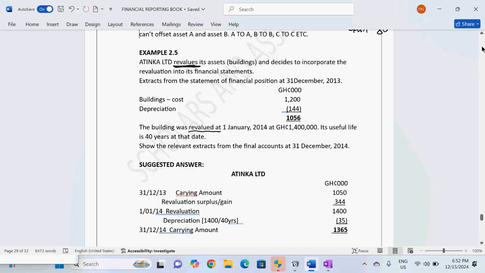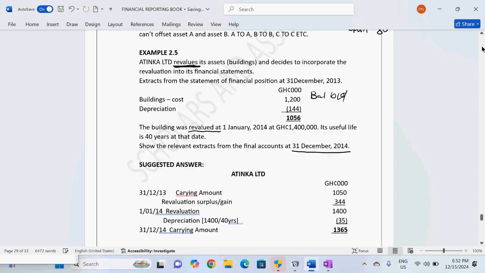In FR, we take note of date. We consider date very well. So we can see that the question is, show the relevant extracts from the final account as at 31st December 2014. They have given us the balance from the previous period. Remember, balance brought down.